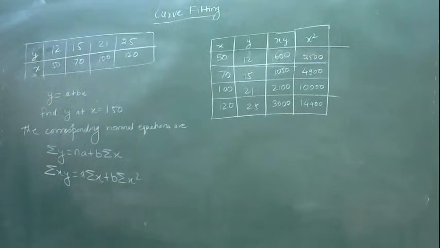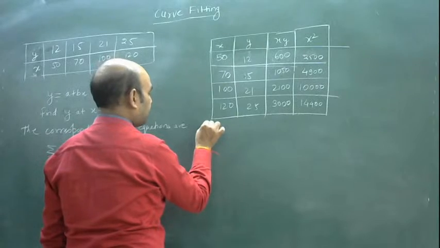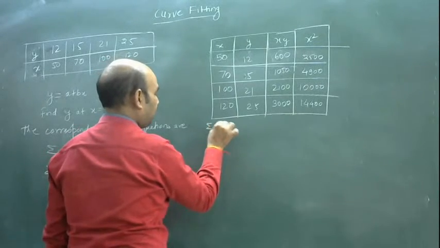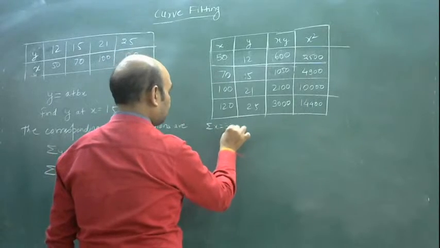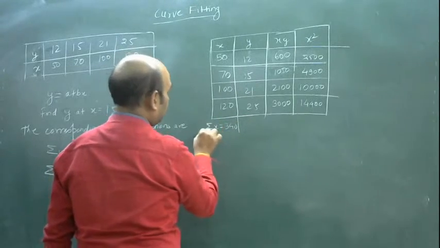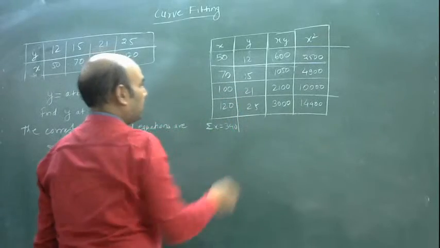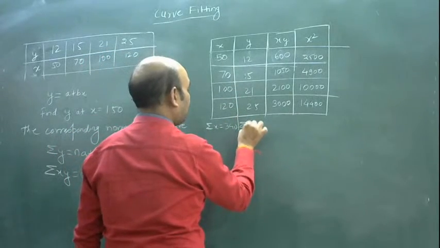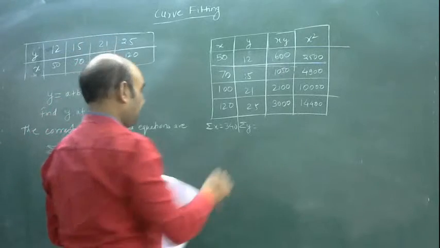Now we have to find their summation. So summation x will be equal to 340, so add these 50 plus 70 plus 100 plus 120. Then summation y is equal to 73.